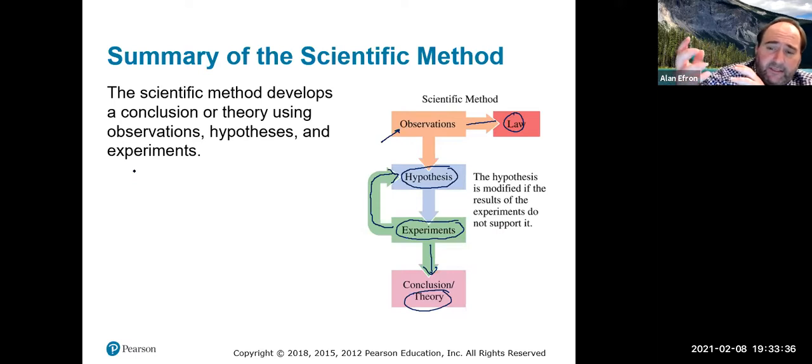Somebody's losing energy, somebody's gaining energy. So a law is more permanent, if you will. It's less likely to be disproven. It always happens that way. While a theory is something that, for the time being, is recognized as being perhaps correct, but could later be found out to be not so correct in all aspects of it. Any questions on that?